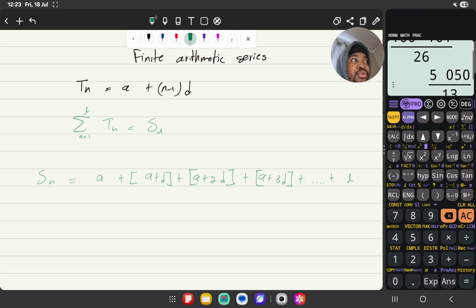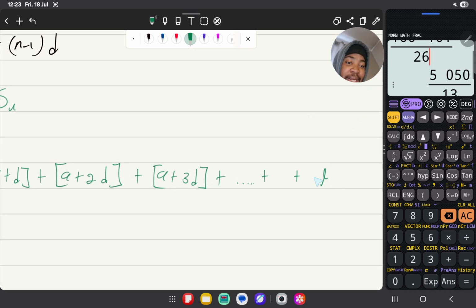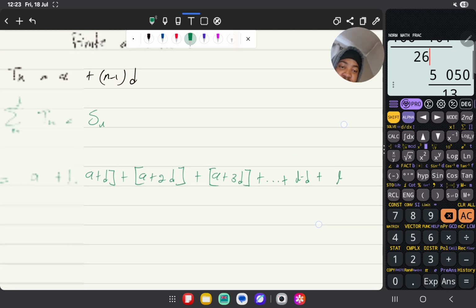Perhaps let's do one before the last term. So remember, this is the last term, and this is an arithmetic sequence. If I want to get the value that comes before the last term, I am going to subtract the common difference from the last term. So here it will be L minus D.